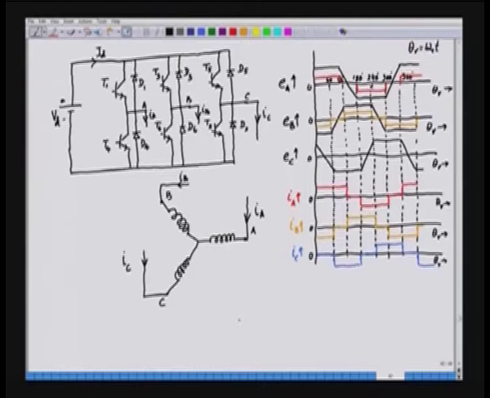Now, let us say for the first 60-degree interval. So, when theta r in this case is greater than 0 and less than 60 degree, we are in the first sector, the first 60 degree. In the first 60 degree, the current IA is positive and current IB is negative, and the amplitude of these currents is ID. ID is the DC link current, which is assumed to be approximately constant.